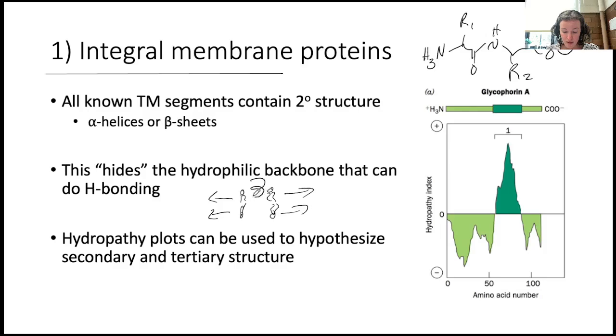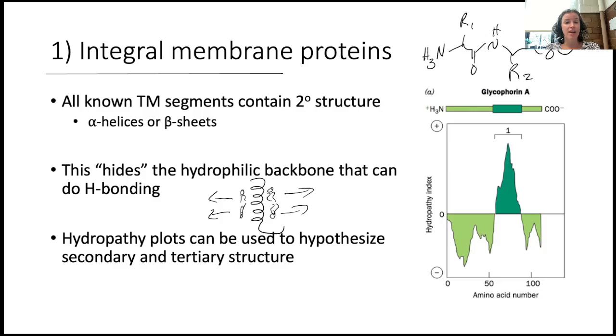If I have an alpha helix going through that bilayer, that helical structure allows the polar aspects of the backbone to hydrogen bond with each other. And if they interact with each other, they're therefore not interacting with the non-polar bits of those lipid tails. So this is why all known transmembrane segments contain either alpha helices or beta sheets.